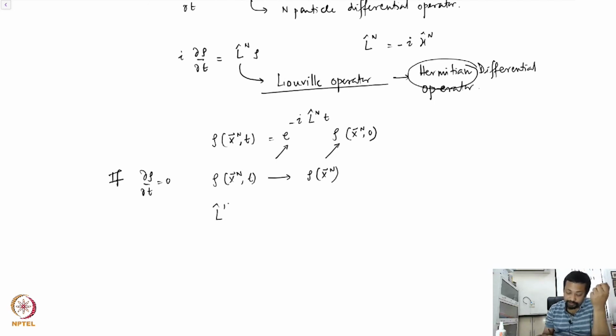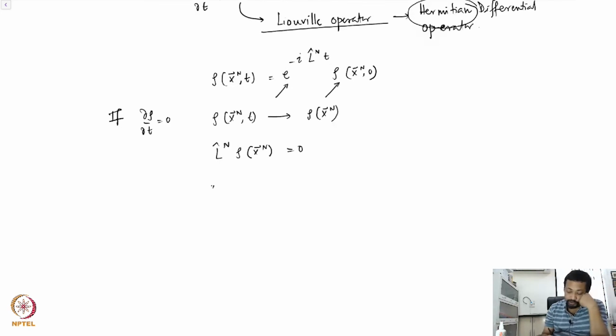Then essentially that means that L hat n of rho of xn is equal to 0, which means that del Hn del pi del rho del qi minus del Hn del qi del rho del pi is equal to 0.